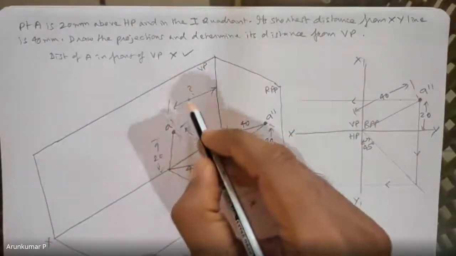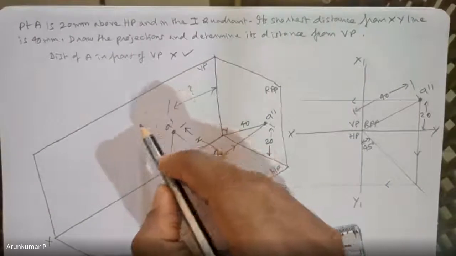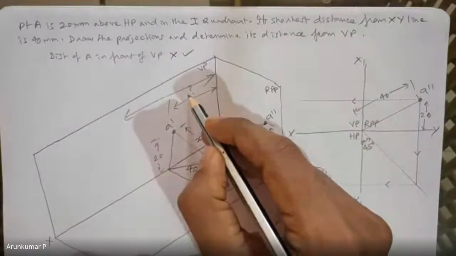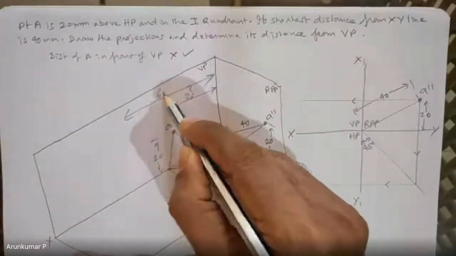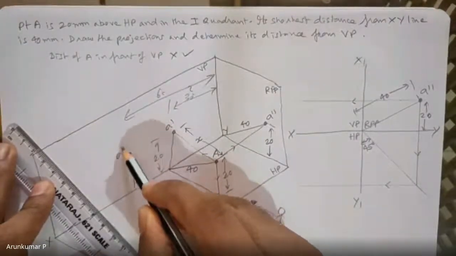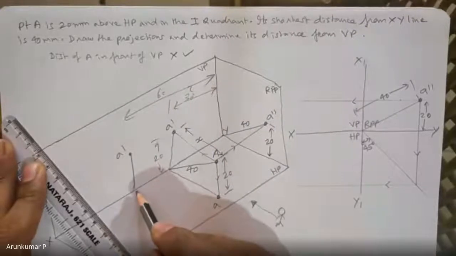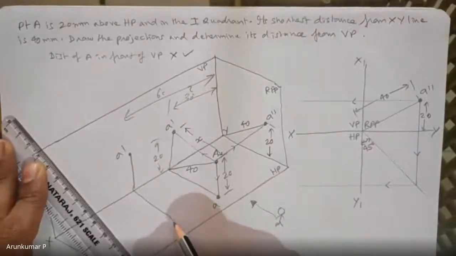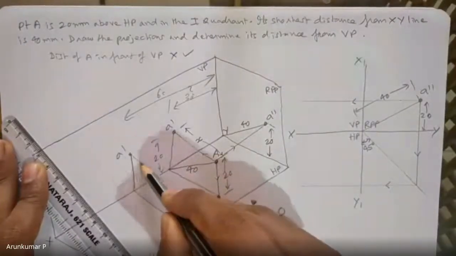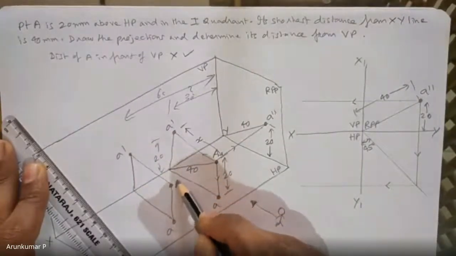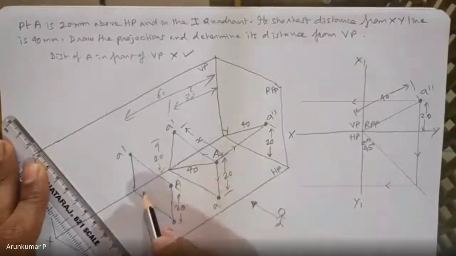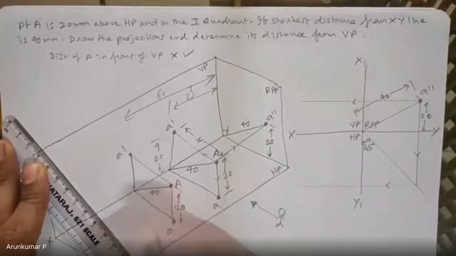Suppose I assume that this point is at a larger distance. Say this was 30, this is say 60. The same thing: A dash is 20 above HP, and this is the shortest distance, 40.